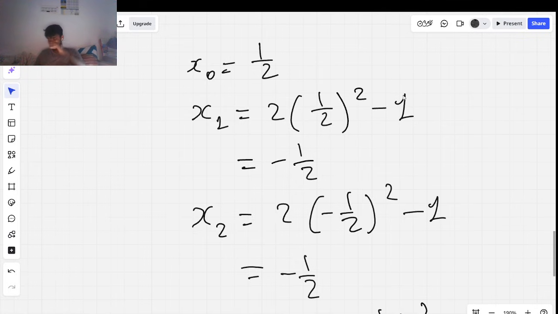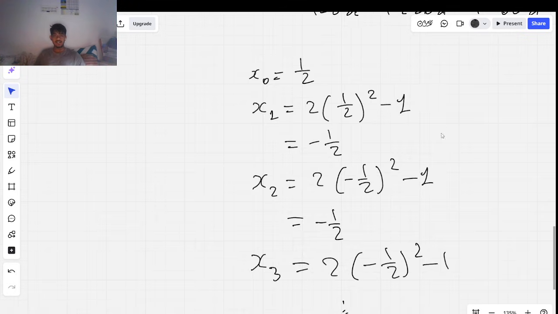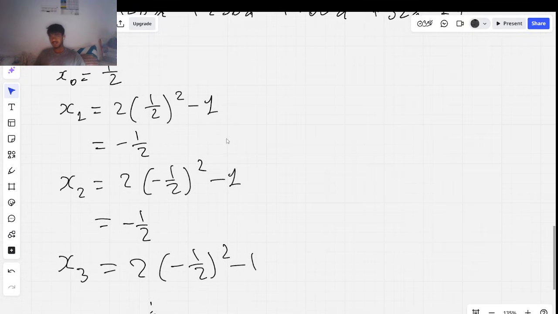So you can say that this sequence is periodic from x1, and it's the same every time. So perhaps this might be my limiting term, the term that's constant in that sense. Let me try.